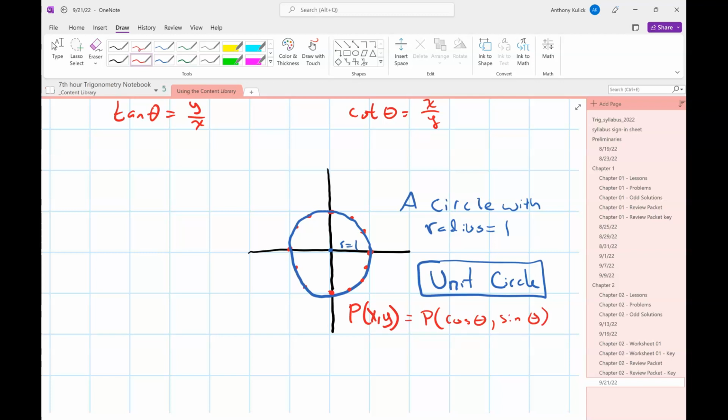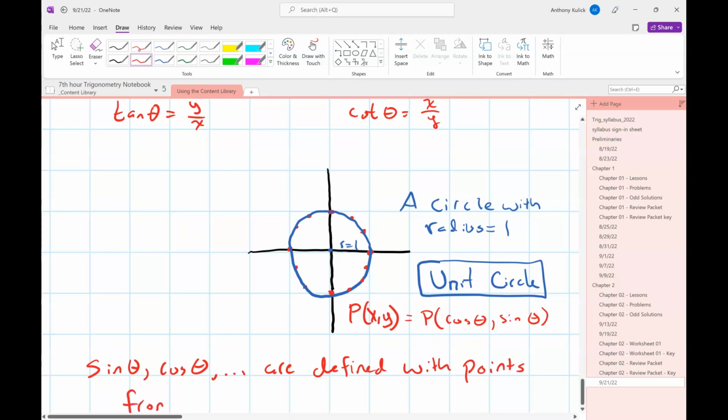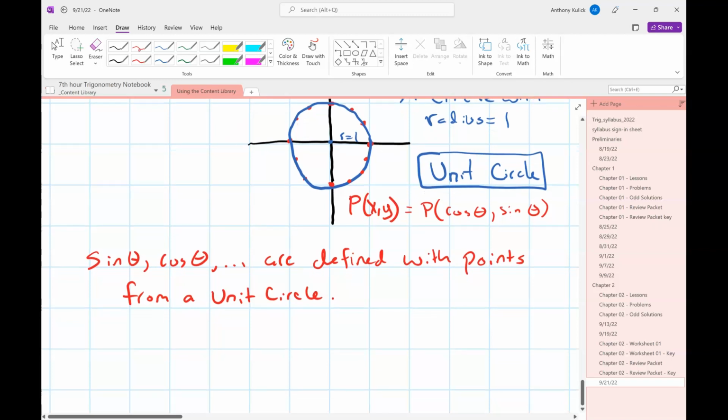Oh! This is now my third definition for sine, cosine, and tangent, etc. Well, that's really pretty cool.